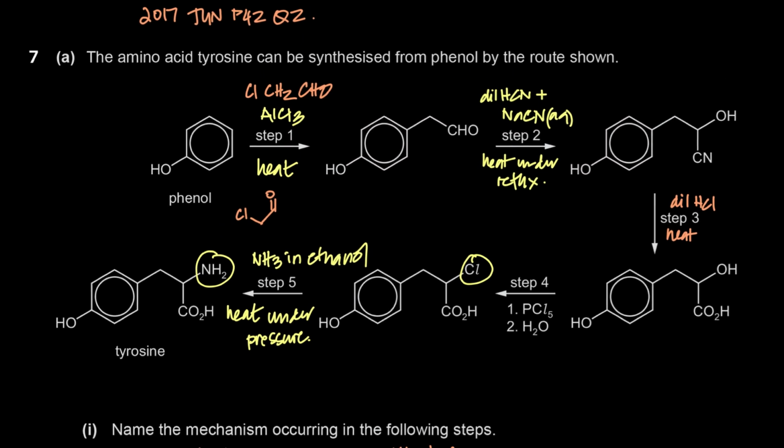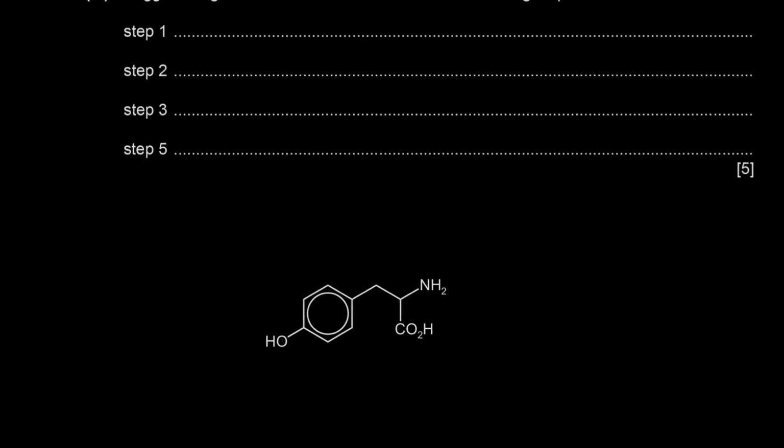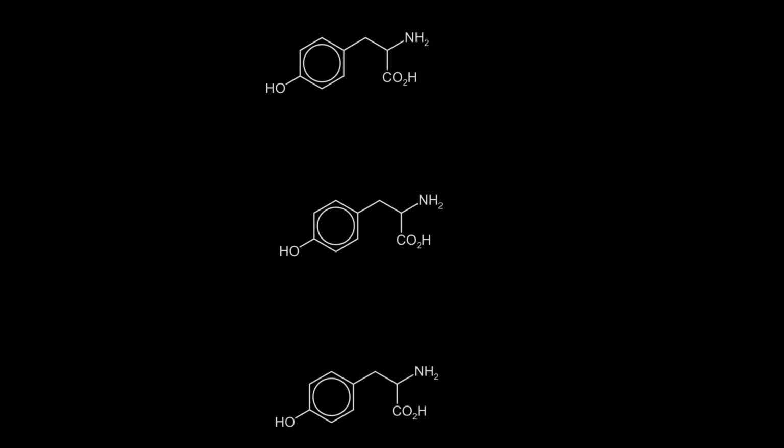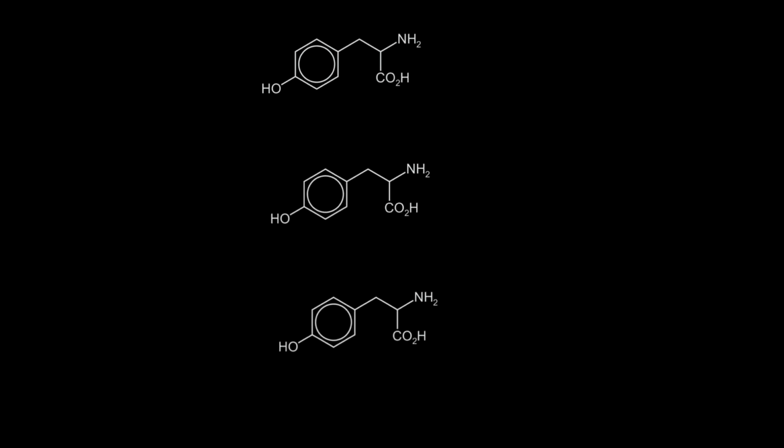So that's the first part of this question. Now on the next page, the question was about reacting with NaOH, HCl, and bromine. Instead of putting the question here, I'm going to put the molecule 3 times, because it's this molecule they want to react.